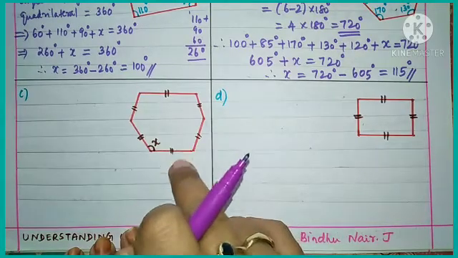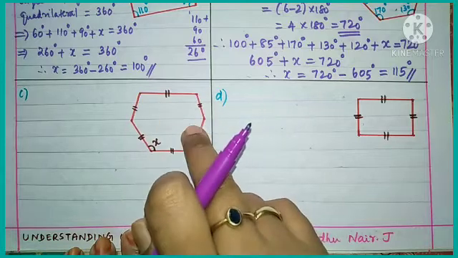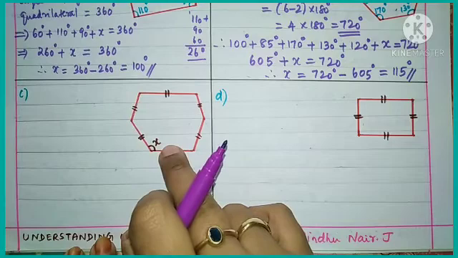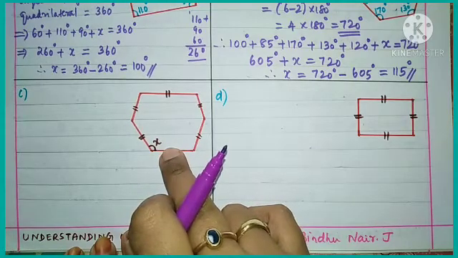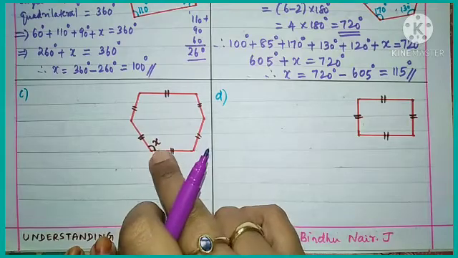So here by this symbol we can understand that all the sides are equal. So we can conclude all the angles are also equal. Here only one angle is given, x.